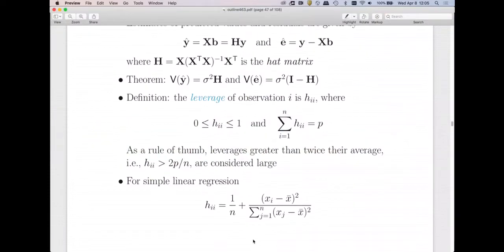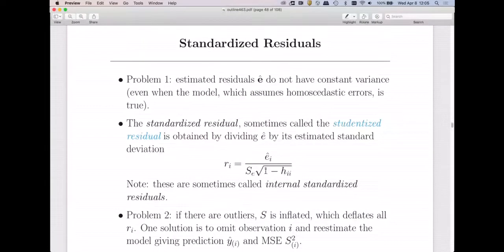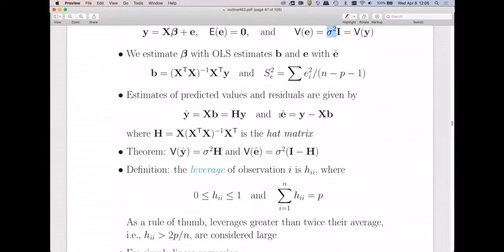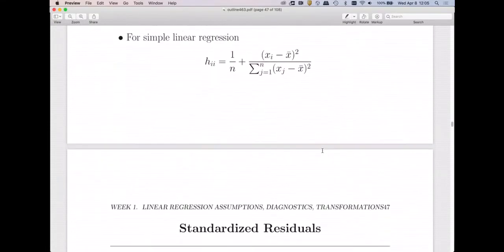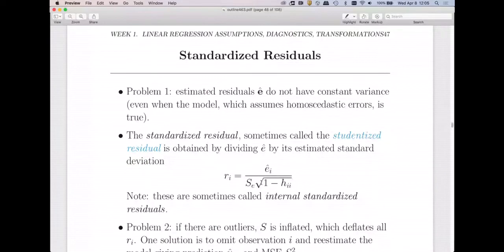All right, so a few more things. I already mentioned problem 1. Problem 1: the estimated residuals do not have constant variance, even when the model, which assumes homoscedastic errors, is true. That's what I've already derived when we found this variance on paper. Okay, so how do we handle that? Well, we standardize them. So I'm going to divide by the square root of 1 minus the leverage.